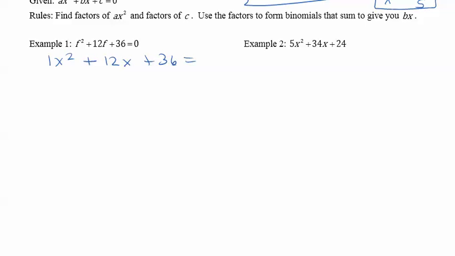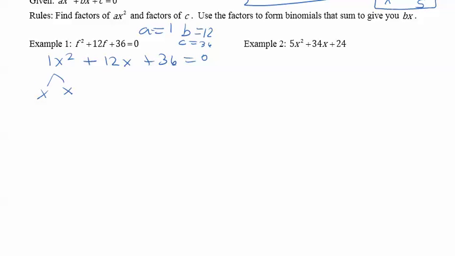Well, ax squared, in this case, where a is 1, b is equal to 12 and c is equal to 36, if I find the factors of it, it's going to factor out into x and x. Now it says find the factors of c also.